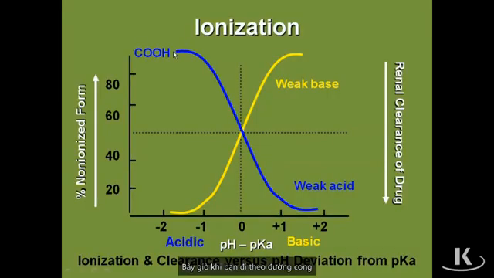Okay? Now, as you follow the curve, you're going to move eventually to the weak acid form where the hydrogen has been removed. That would be the COO minus form of the drug. Now, if you think about this, what is really changing as we go from this form of the drug to this form? Is it the drug's pKa or is it the pH of the environment? And you should be saying it's the pH.